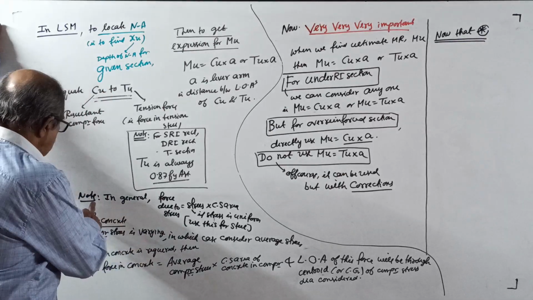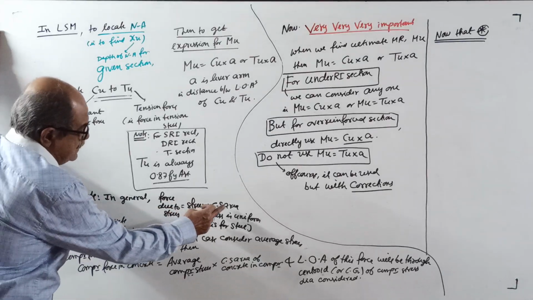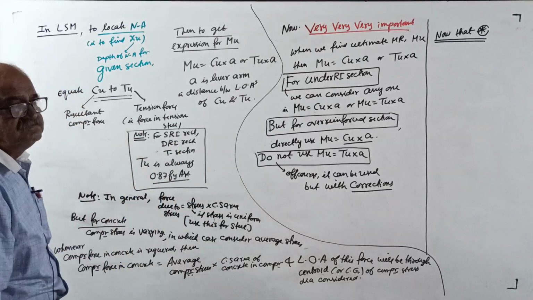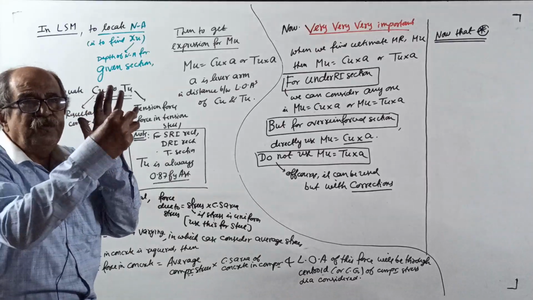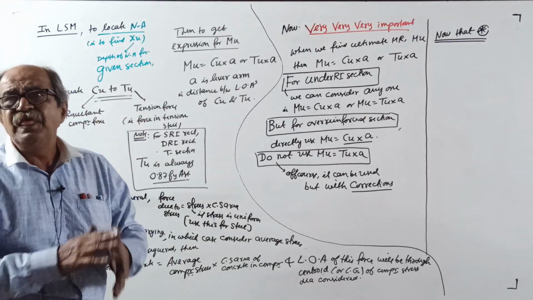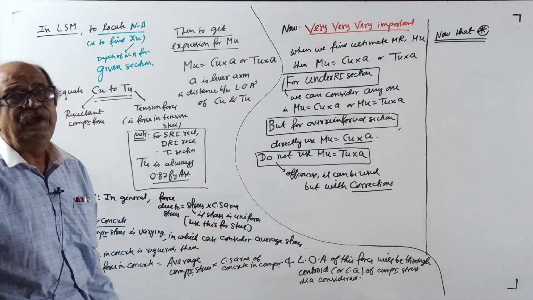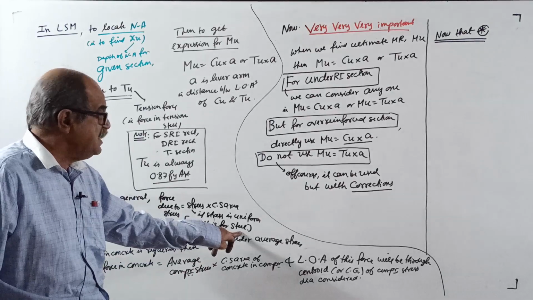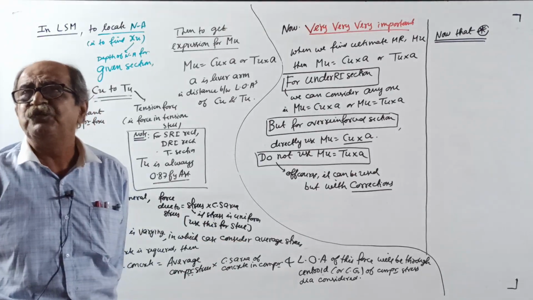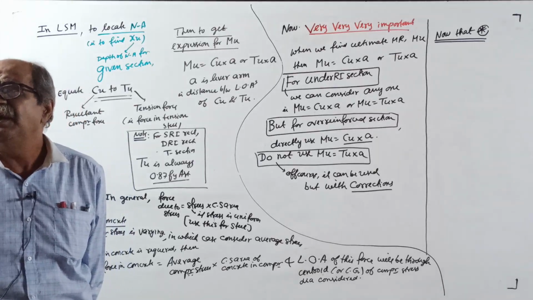Okay, now note, in general, force due to stress equals stress into cross-sectional area. Whenever you want force, it is stress into area. But remember, force equals stress into area only if the stress is uniform. So you use it for steel. When you want to find the force in steel, you consider it equal to the stress in steel into the area of steel.